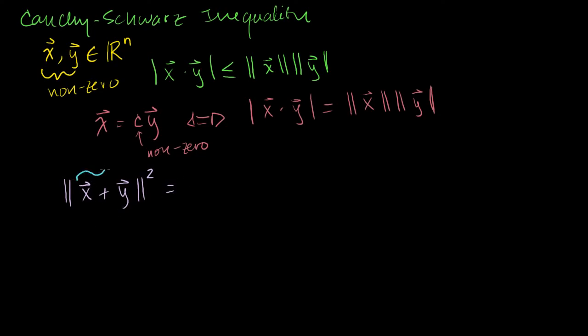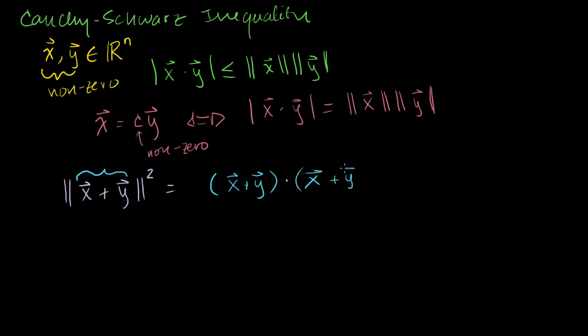This right here, x plus y, I know it looks like two vectors, but it's two vectors added to each other. So it's really a vector. X plus y is a real vector. I could graph x plus y. So the length of x plus y squared, I can rewrite it as the dot product of that vector with itself. So x plus y dot x plus y.